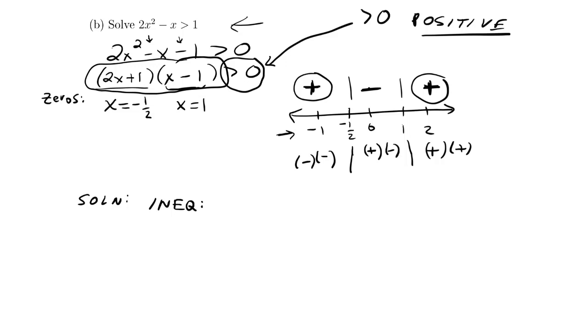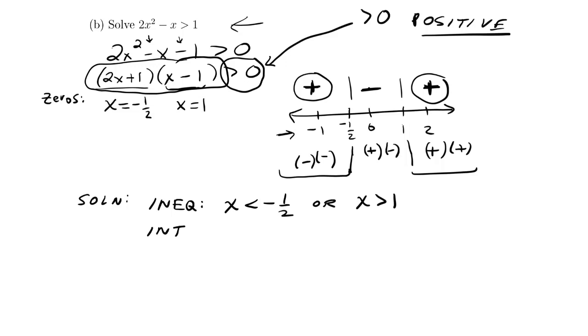So the region here on the left is everything below negative 1/2. So that's x less than negative 1/2. So that's part of my inequality solution. So when else would it work? Or I could have x greater than 1. That's what we're getting over here, is everything greater than 1.